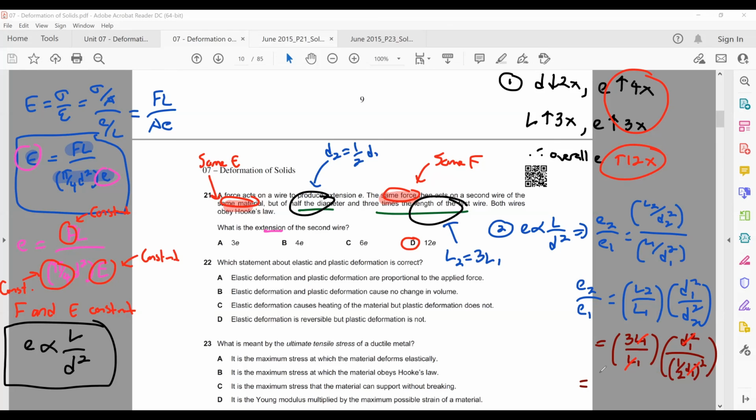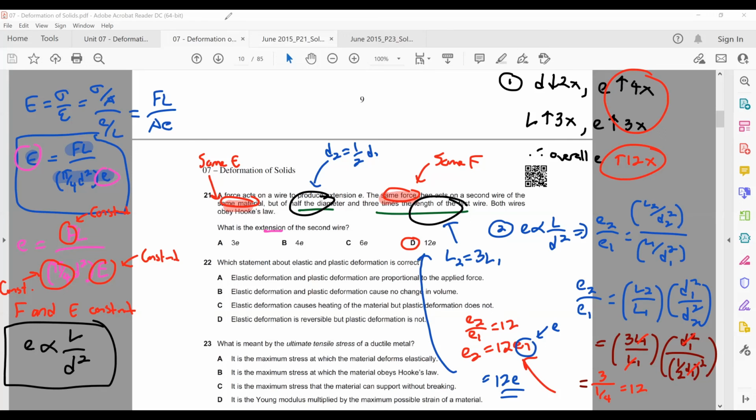So it's actually going to be 3 divided by 1 over 4, giving you 12. So E2 over E1 is 12, E2 is 12 E1. And E1 itself was actually E, so it's 12E. You get the same answer as the one you see here.